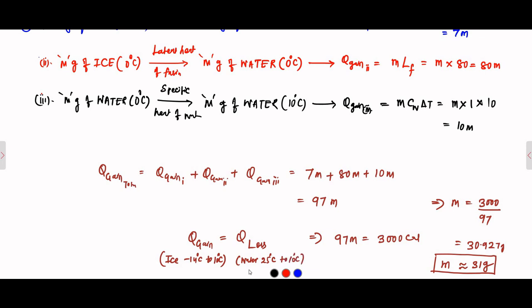In both cases we have 10 degrees Celsius, which is the final equilibrium temperature, and we have just equated the heat gain and heat loss to determine the mass of ice required. Mass of ice required at minus 14 degrees Celsius to help in this transition. And this is the result, in decimal form, rounded off.